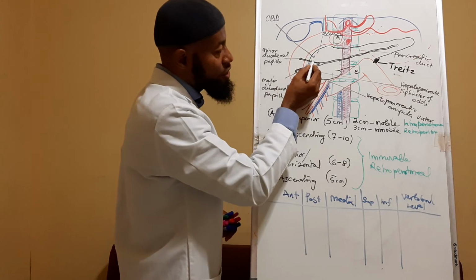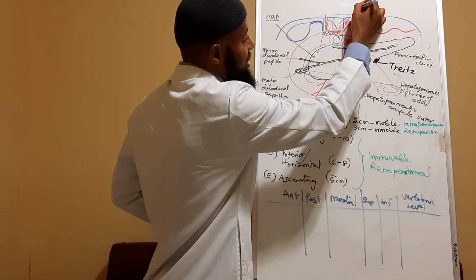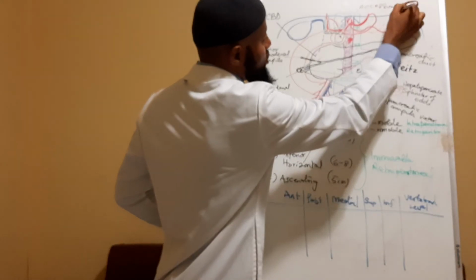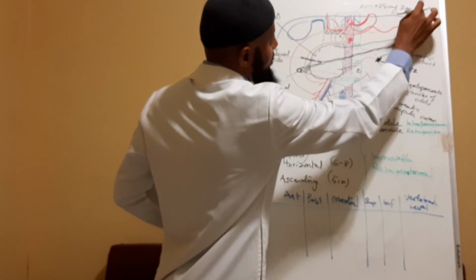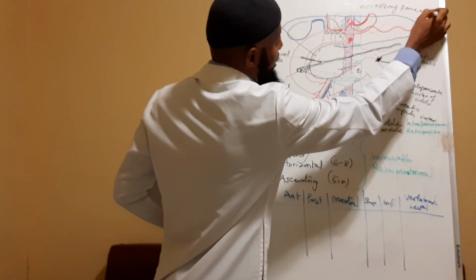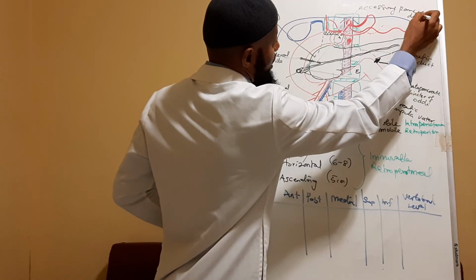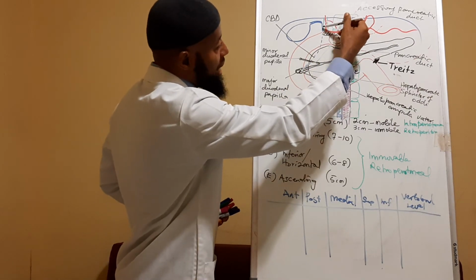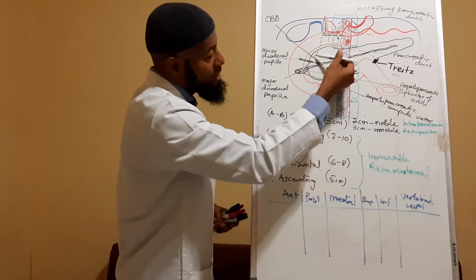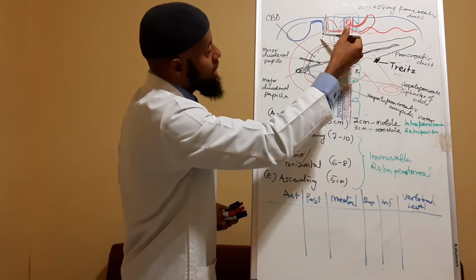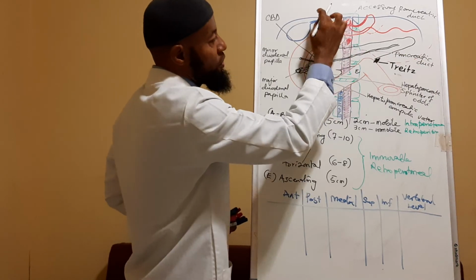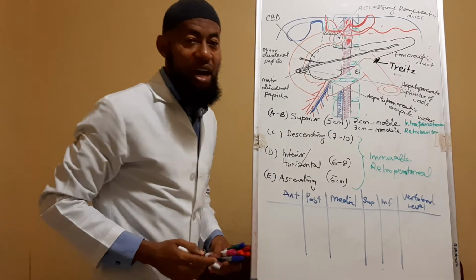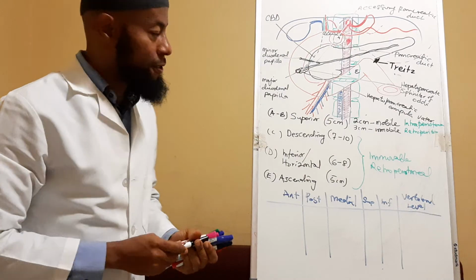Now we have an accessory pancreatic duct. Okay, that's an accessory pancreatic duct. And this is the gallbladder draining its content via the common bile duct, because remember, it's still going to bifurcate into a left and right bile duct.